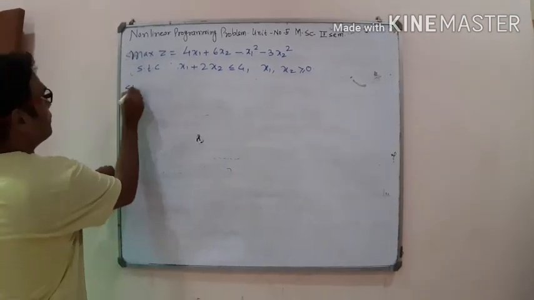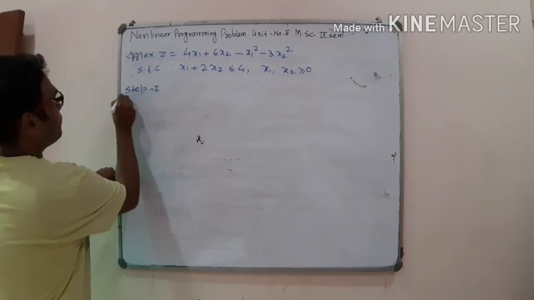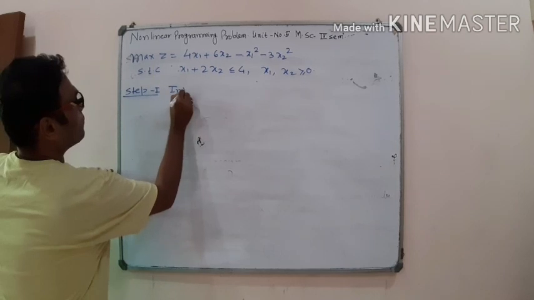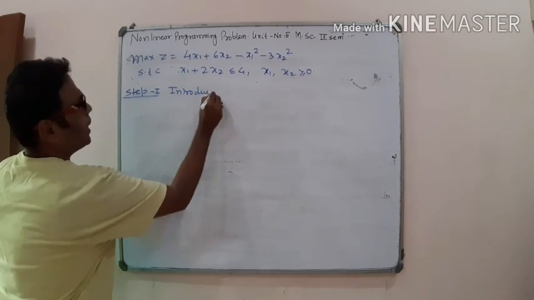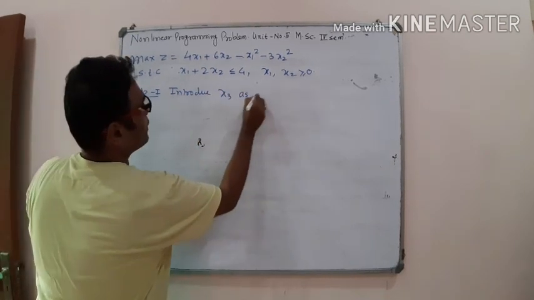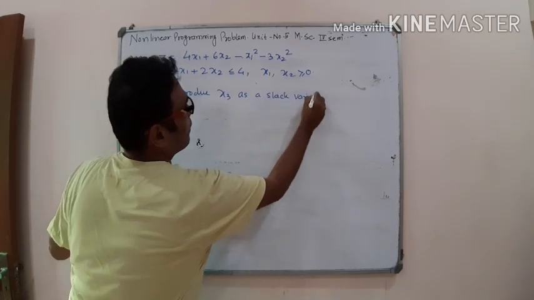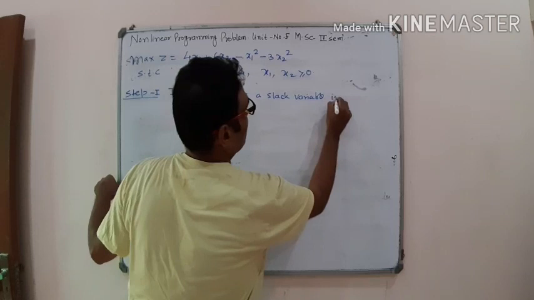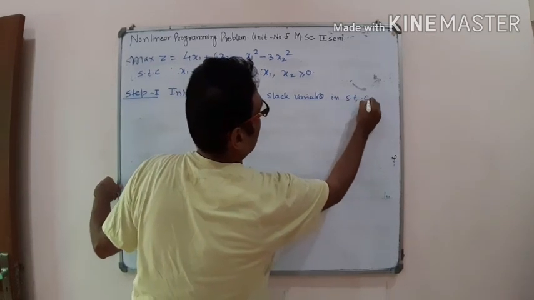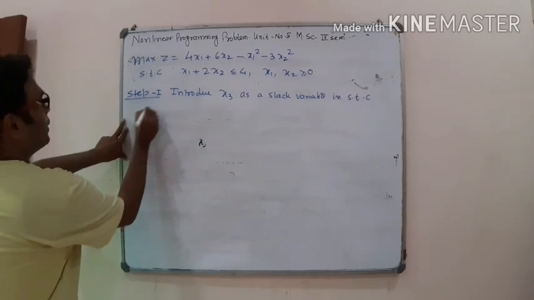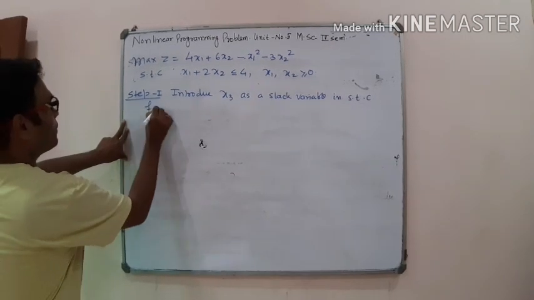According to step number 1, introduce x3 as a slack variable in the constraint, and rewrite our problem.